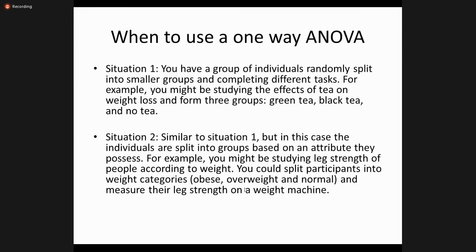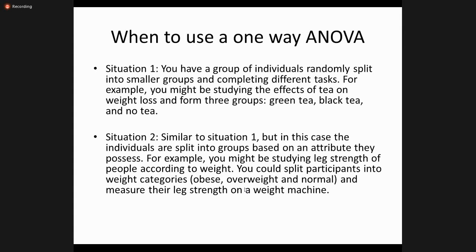Another situation is similar to situation one, but in this case the individuals are split into groups based on an attribute they possess. For example, you might be studying the leg strength of people according to weight. You could split participants into weight categories: obese, overweight, and normal, and measure their leg strength on a weight machine.